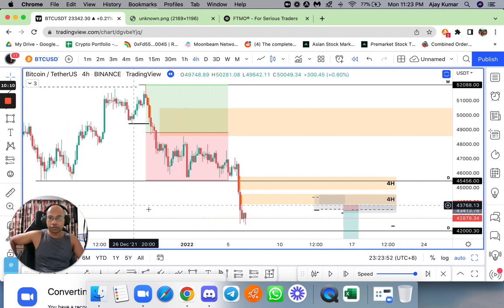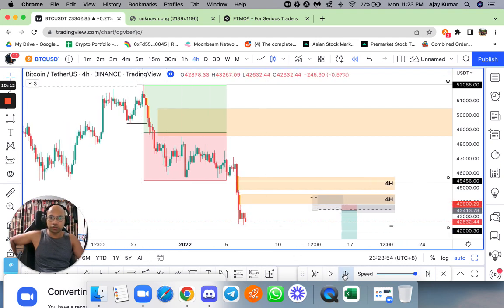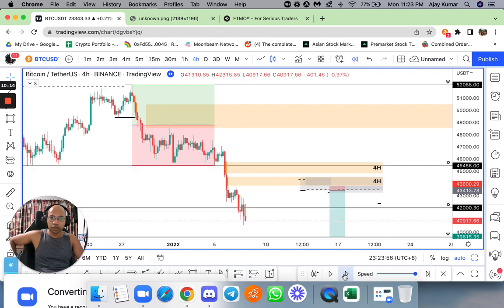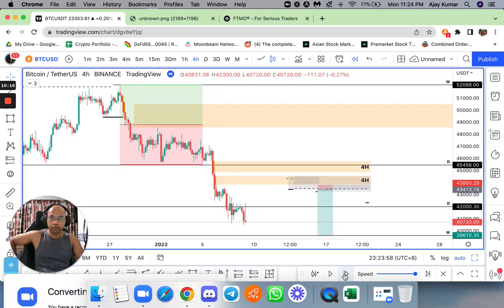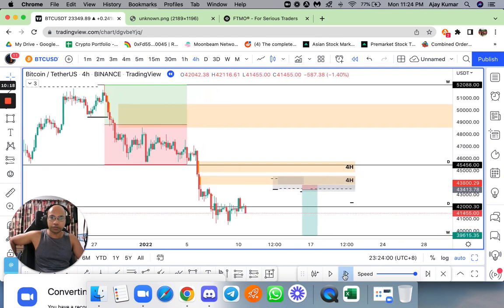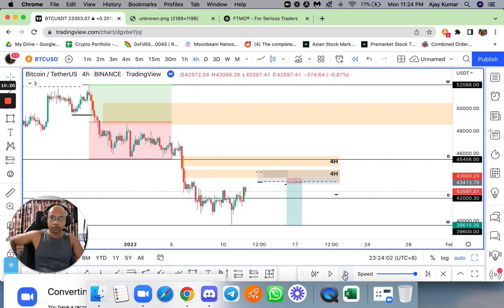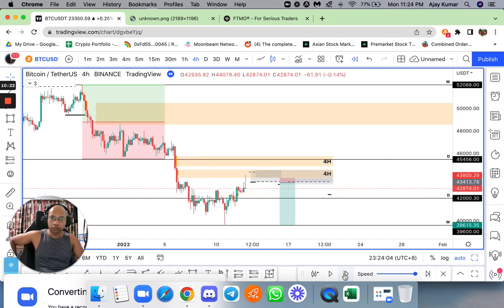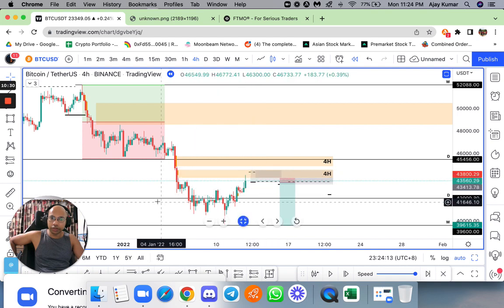Okay, now let's continue. See, it keeps dumping. It came into our point of interest, the fair value gap. Let's see what it does now.